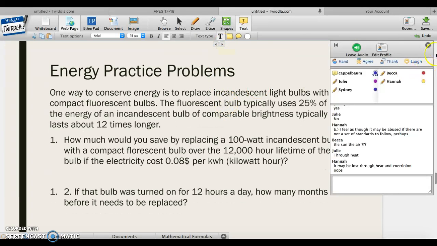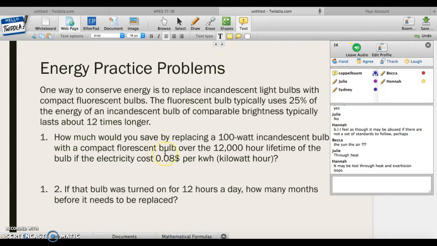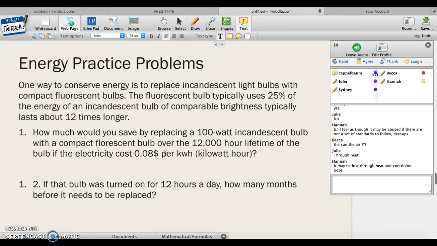Okay, so here are the practice problems I want to work through. So the first one here. How much would you save by replacing a 100-watt incandescent light bulb with a compact fluorescent bulb over the 12,000-hour lifetime of the bulb and the electricity cost of 8 cents per kilowatt hour?